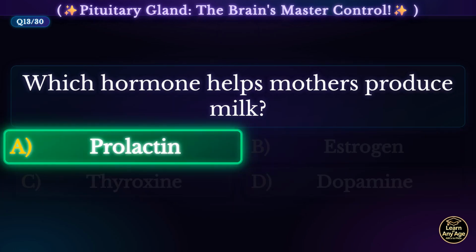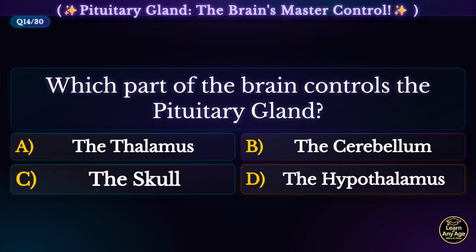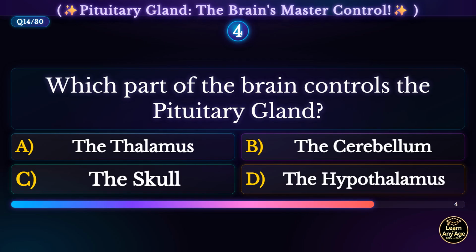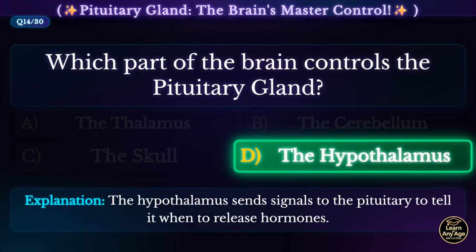Prolactin. Prolactin stimulates the mammary glands to produce milk after childbirth. Which part of the brain controls the pituitary gland? The hypothalamus. The hypothalamus sends signals to the pituitary to tell it when to release hormones.